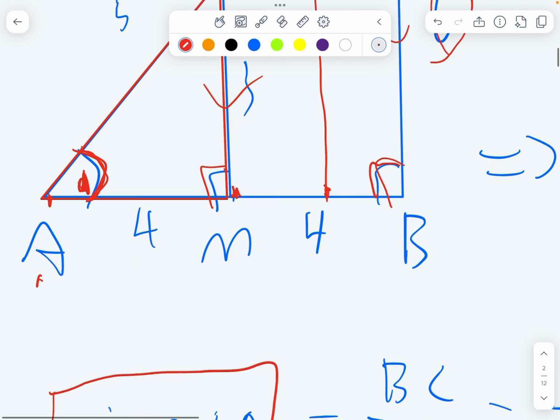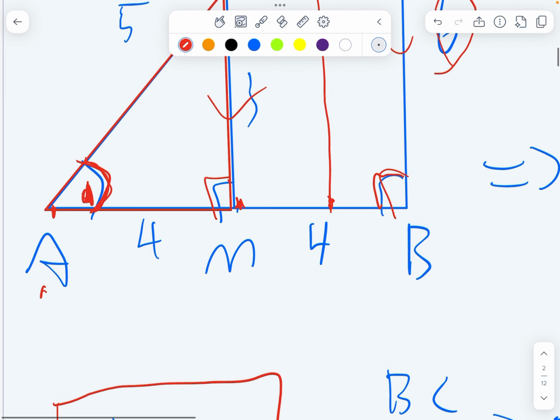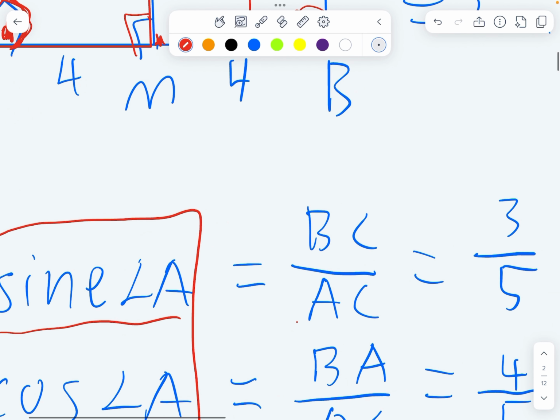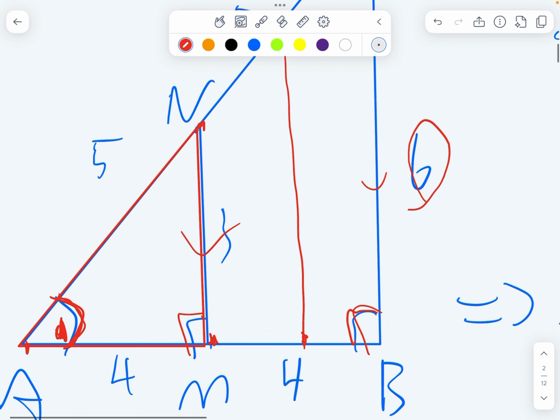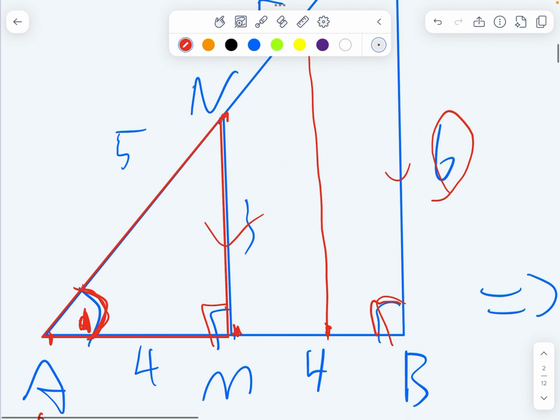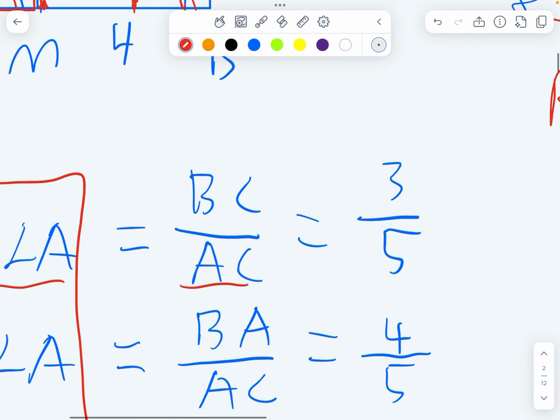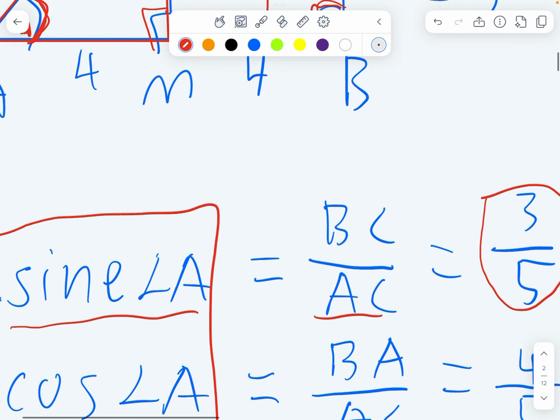Sine A means BC over AC. This side equals 3, and this side AC equals 5. So you get 3 over 5. It is for the angle A.